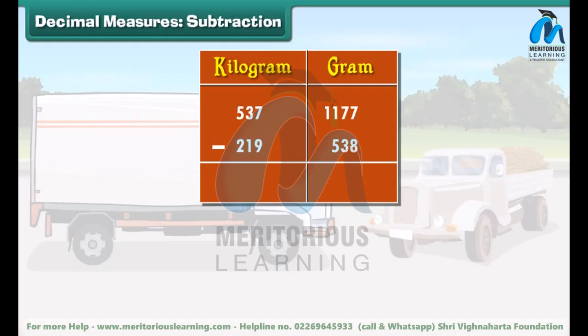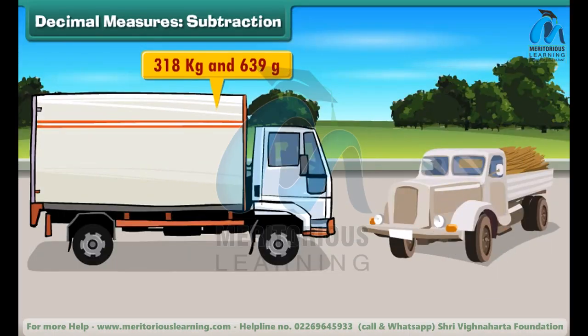Subtracting 538 grams from 1177 grams, while subtracting 219 kilograms from 537 kilograms, 318 kilograms is obtained. Thus, 318 kilograms and 639 grams extra load is there in the first truck.